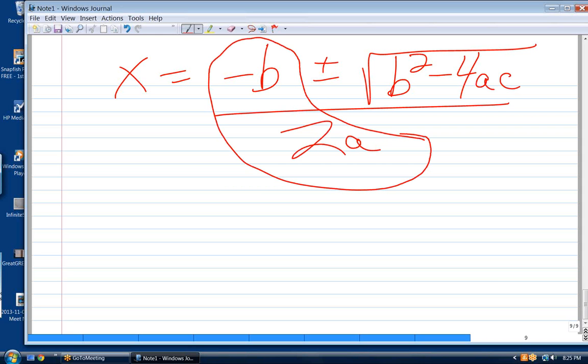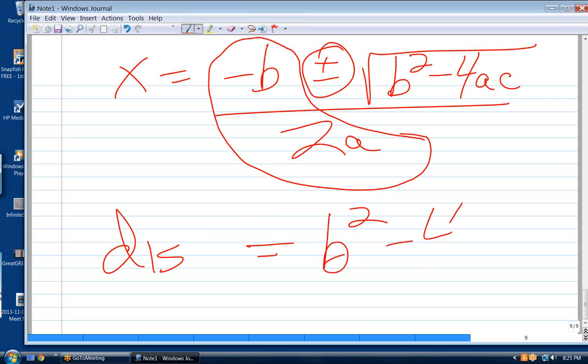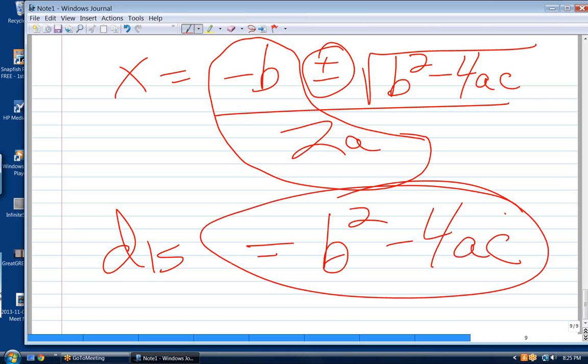Okay. Notice what the first half of this is. It's the same as the vertex of a quadratic, minus b over 2a. And the rest of it is plus or minus the square root of the discriminant. So as long as you remember that the discriminant is equal to b squared minus 4ac, you can always come up with the quadratic formula.